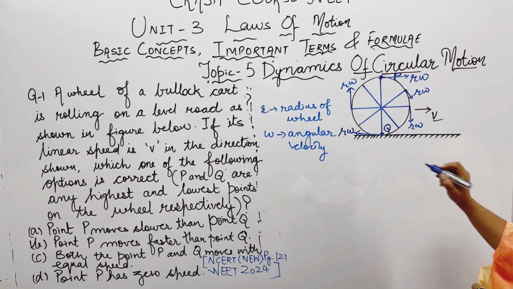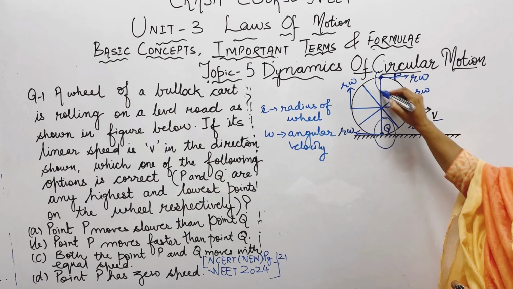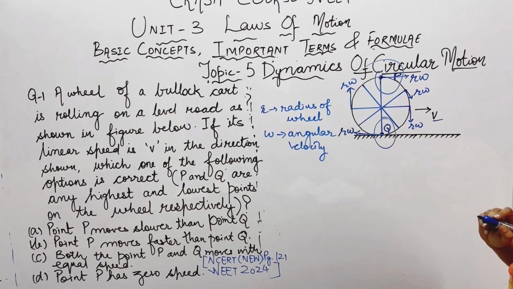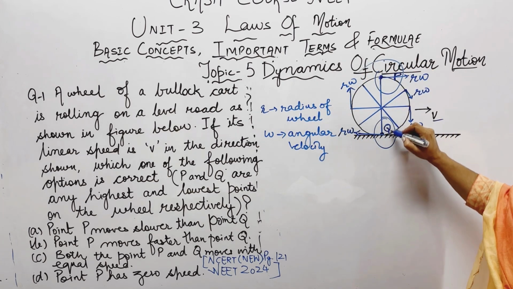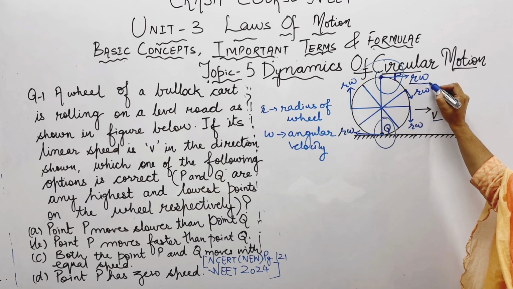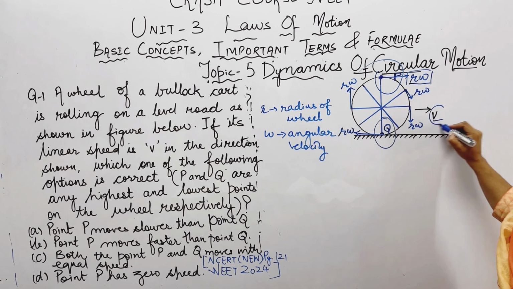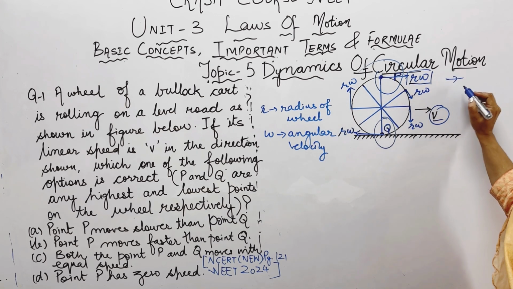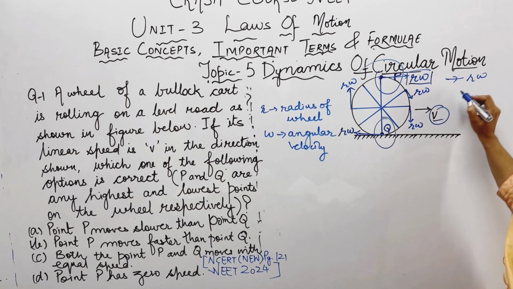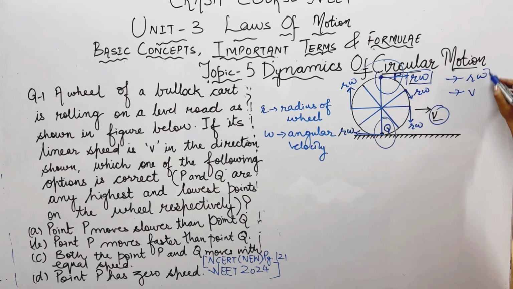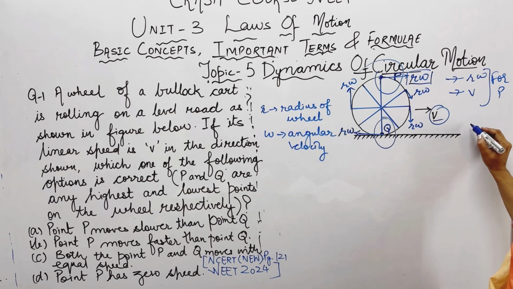If we confine ourselves to points P and Q as asked in the question, r omega and the linear velocity are in the same direction for point P, and for point Q, r omega is in the opposite direction to the linear velocity.